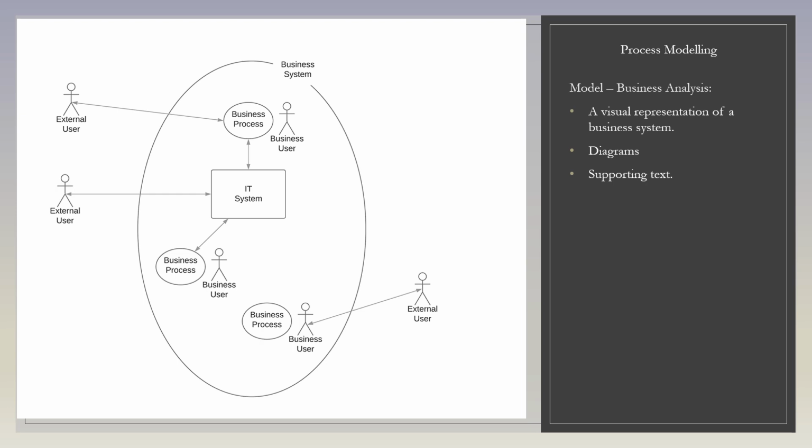In business analysis, a model is often a visual representation of a business system, usually in the form of diagrams of various sorts, with some supporting descriptive text if needed.